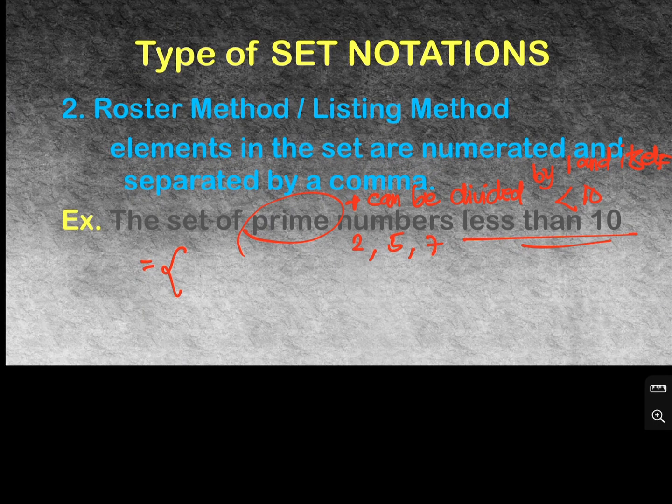Next is 3, followed by 5, 7, and 9 is not a prime number because 9 can be divided by 3. So correction, the set of prime numbers less than 10 is {2, 3, 5, 7}, and 9 is not part of the elements of the prime numbers. Okay?